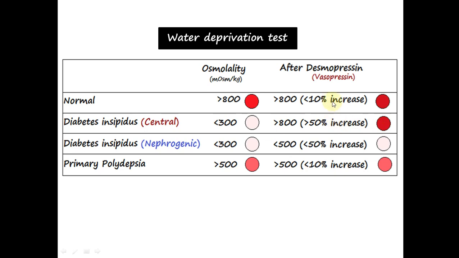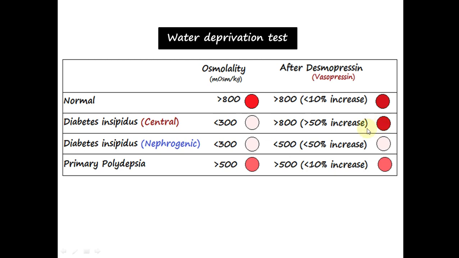Water was reabsorbed by the desmopressin, and the osmolarity of the urine was increased, the solute content was increased, and water decreased. And here the injection of desmopressin will cause an increase in urine osmolarity by more than 50%, and it will turn to more than 800 milliosmoles per kilogram of the urine.